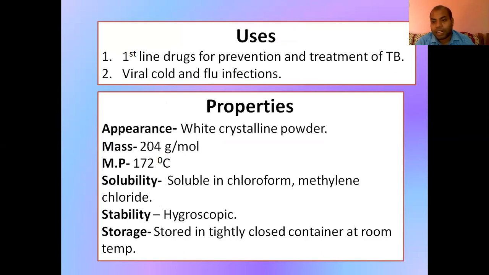These are generally non-polar solvents, so the compound is a little bit non-polar. That's why it is soluble in non-polar solvents, because due to the presence of the long alkyl chain, it is generally non-polar. In terms of stability, it is hygroscopic in nature, and for storage, it is stored in a tightly closed container at room temperature.